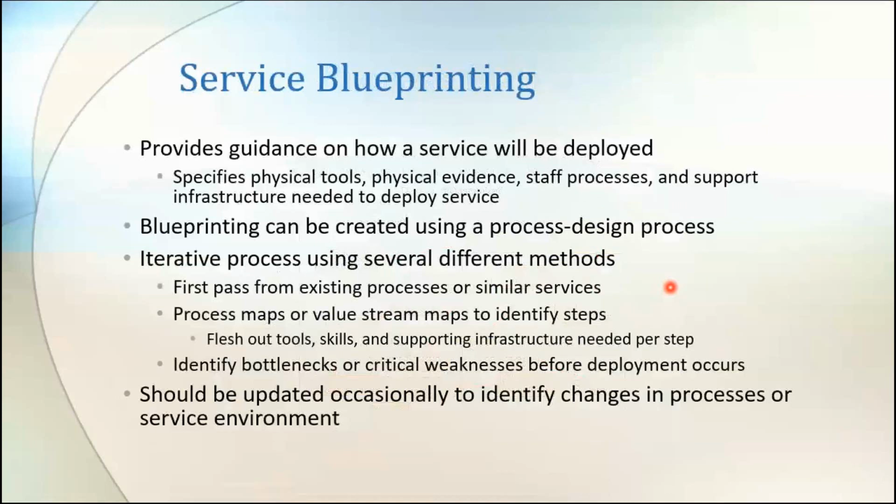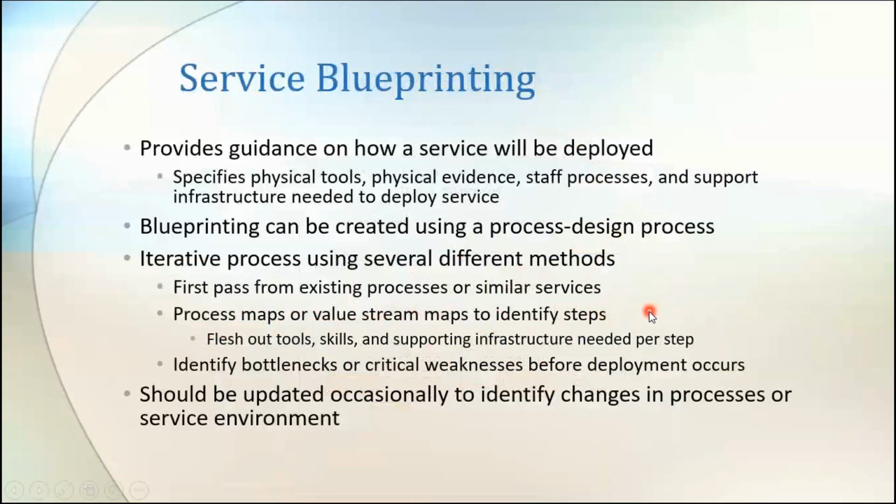The first method that is used is the first pass. So we look at existing processes or similar services. This is key if we are going to expand our service offerings based upon existing services that we provide. So we take something similar, then we map that out. Then we'll create process maps or value stream maps to identify the steps of the new process.